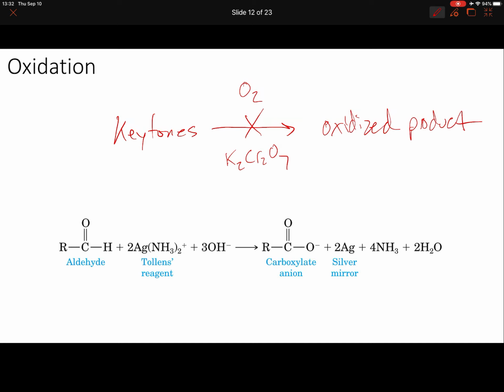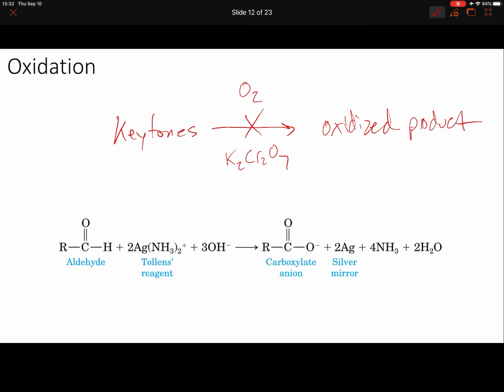We also have a Benedict's test that we can use. This one uses copper ions that are normally blue, and in the presence of an oxidized aldehyde, they'll turn red. We can use this actually in the medical industry to detect glucose in urine.